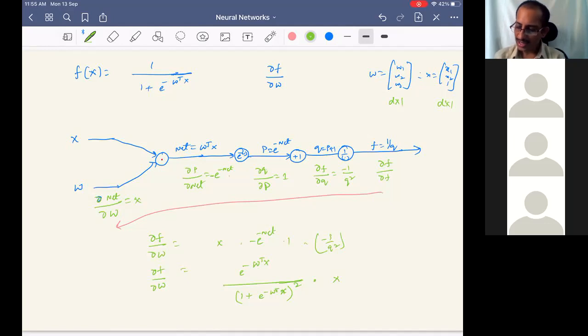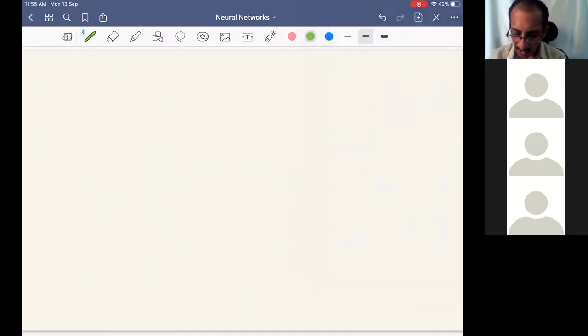Before we conclude the class, let me give a small exercise for you to solve. Let us define a cost function. Let's come back to our definition.